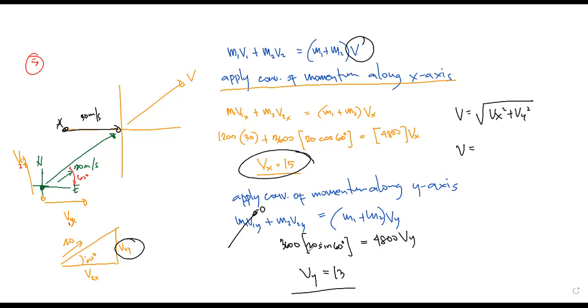So if we substitute these values, we have 13 squared plus 15 squared, and then you take the square root of it, so that's 19.84, or basically 19.85. Of course, the unit of which is meters per second.